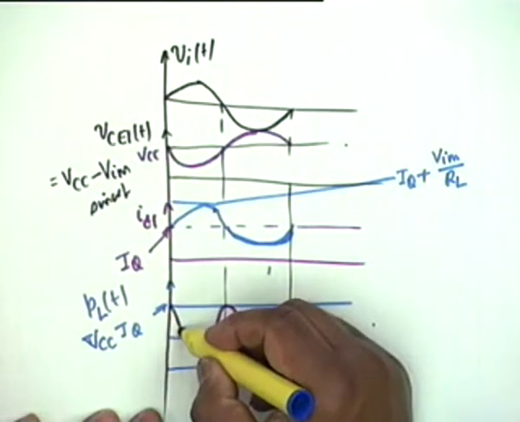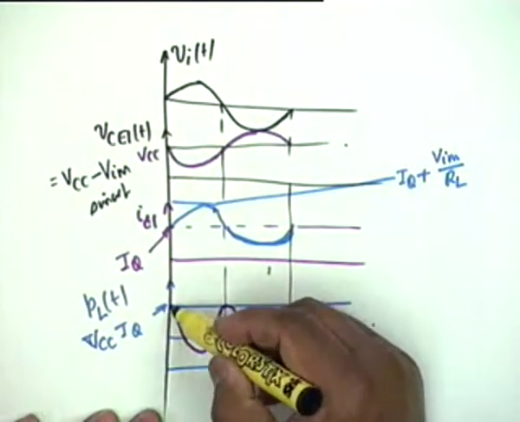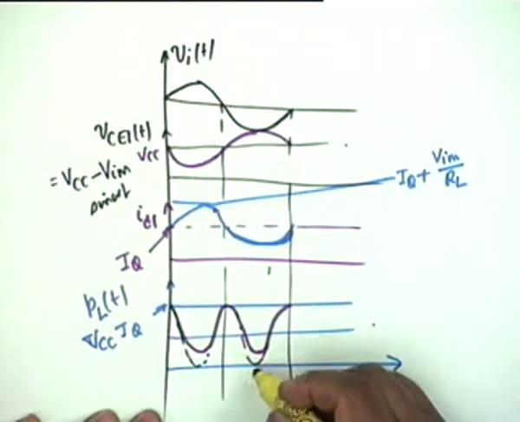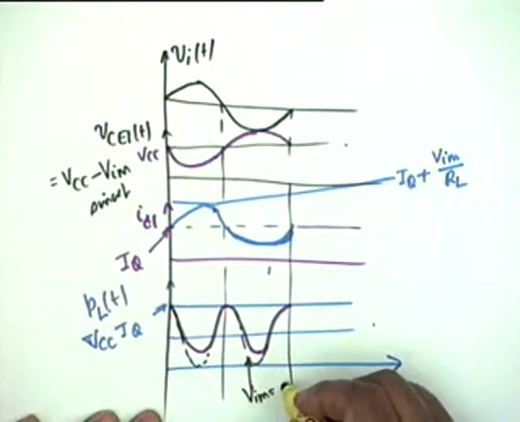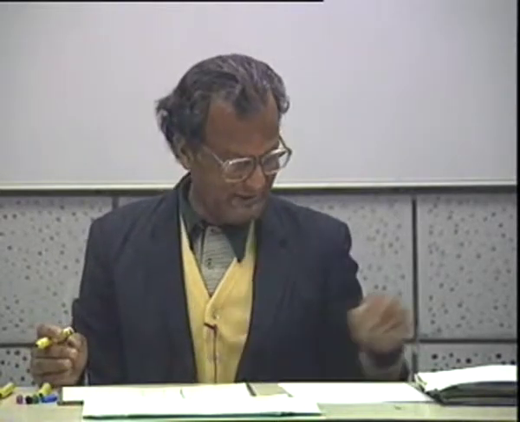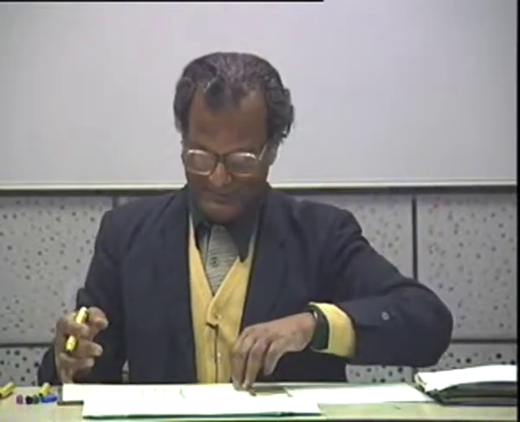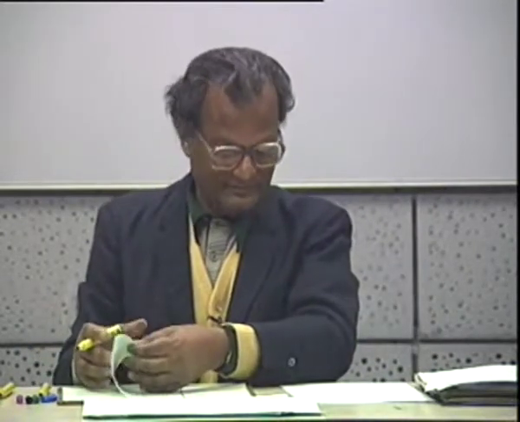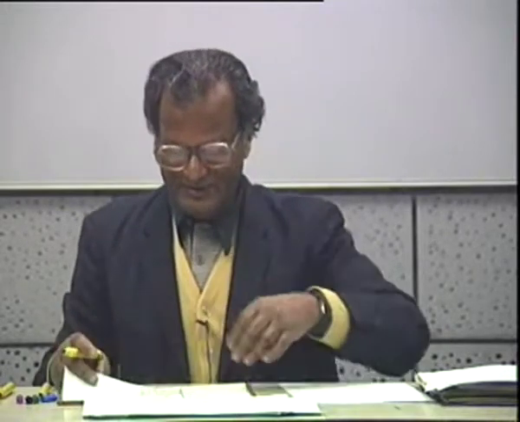Now, the power curve can reach a minimum value of 0. I might be able to come up to this under what condition? VIM is equal to VCC, all right. And under this condition, that is when the class A amplifier is driven to its limits, you can show very simply that... I made a mistake.